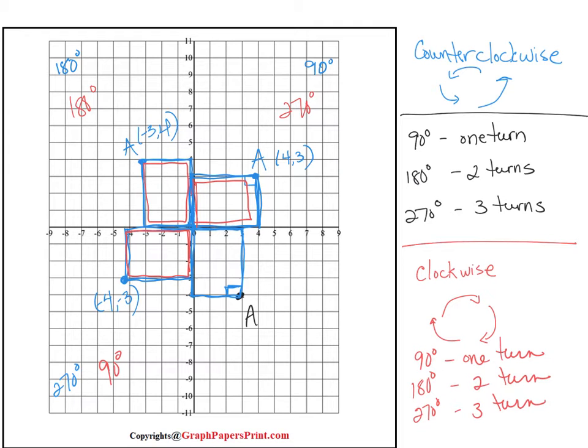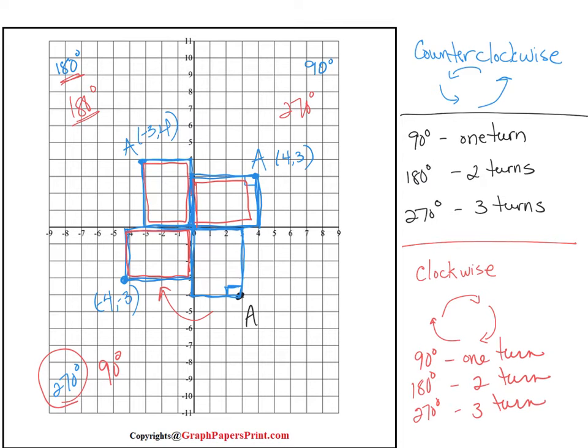So I want you to notice that if I turn or rotate point A clockwise, which is in red, clockwise 90 degrees, that's the same as rotating counterclockwise 270 degrees. 2 turns clockwise is still 180 degrees regardless of what direction I'm going in.